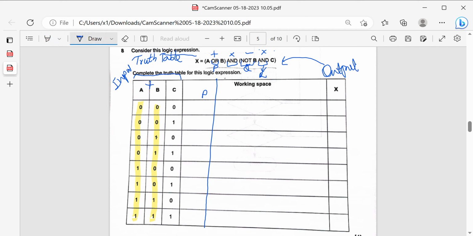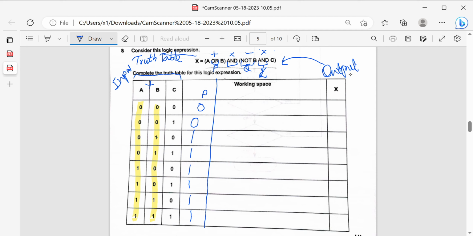So 0 plus 0 is 0, 0 plus 0 is 0, 0 plus 1 is 1, 1, 1, 1. As it is Boolean logic, we have only the option of either 0 or 1. So 1 plus 1 is again 1, and 1 plus 1 is again 1.